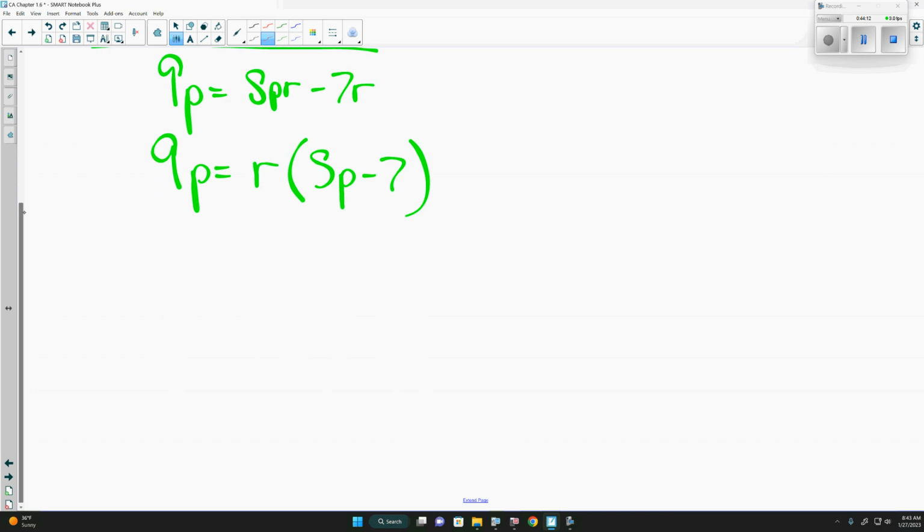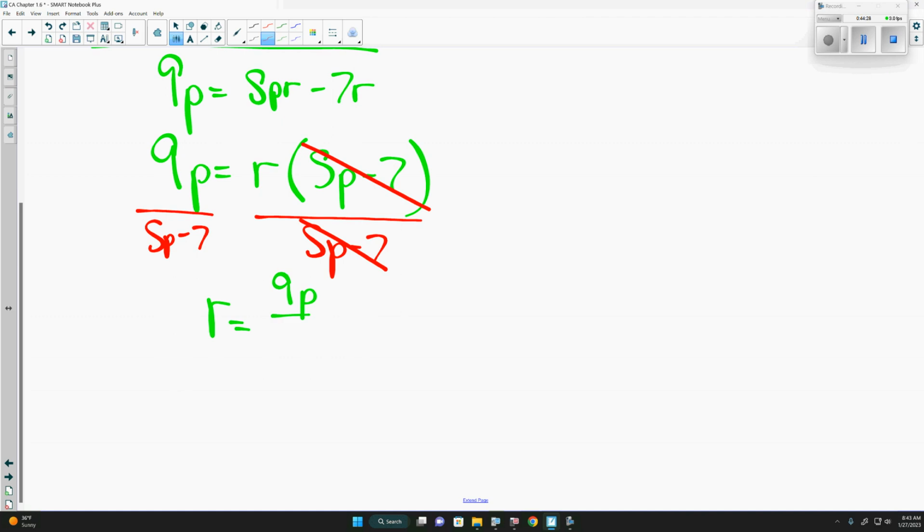Well, if I divide this here by SP minus 7, what's going to happen? These two are going to cancel out, yes? Over here, we're going to have R is equal to 9P over SP minus 7, and that's it.